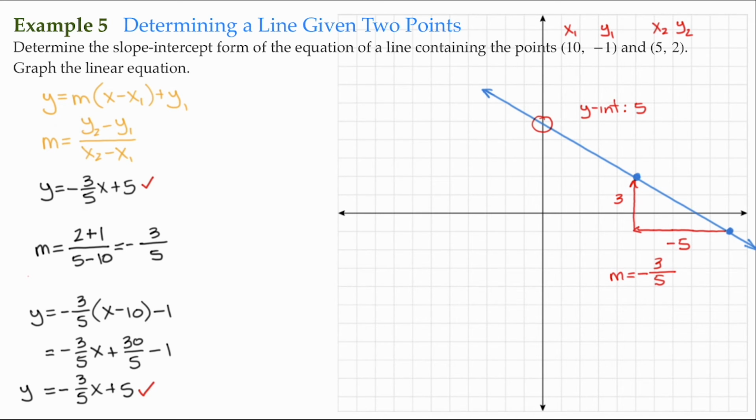Now, again, you don't have to use this particular point. We can use this one. So let's do that. We have y is equal to negative 3/5 times x minus x₁, and let's just say that's this one here. So that's going to be x minus 5 plus y₁, that's 2.